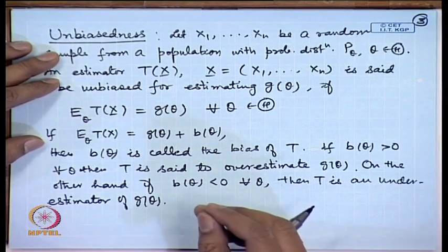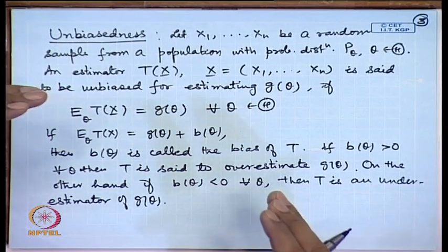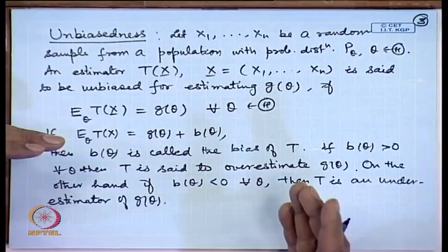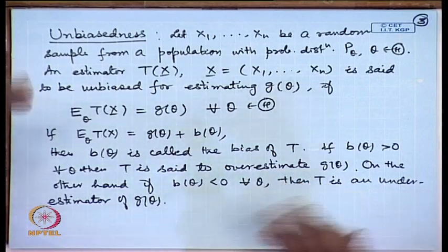So, in different estimation problems, it may be desirable to have an unbiased estimator, or sometimes the situation may demand that we may overestimate or sometimes we may underestimate, and also the consequences of overestimation or underestimation may be disastrous in different ways.